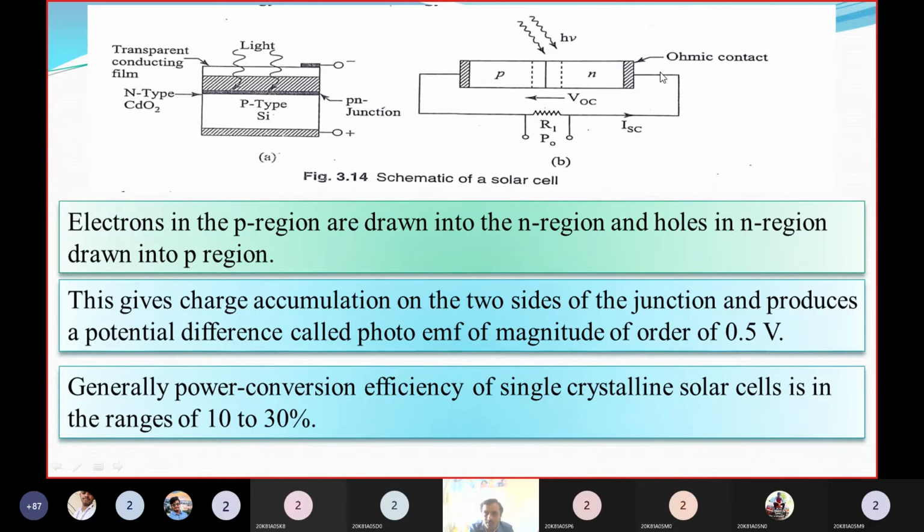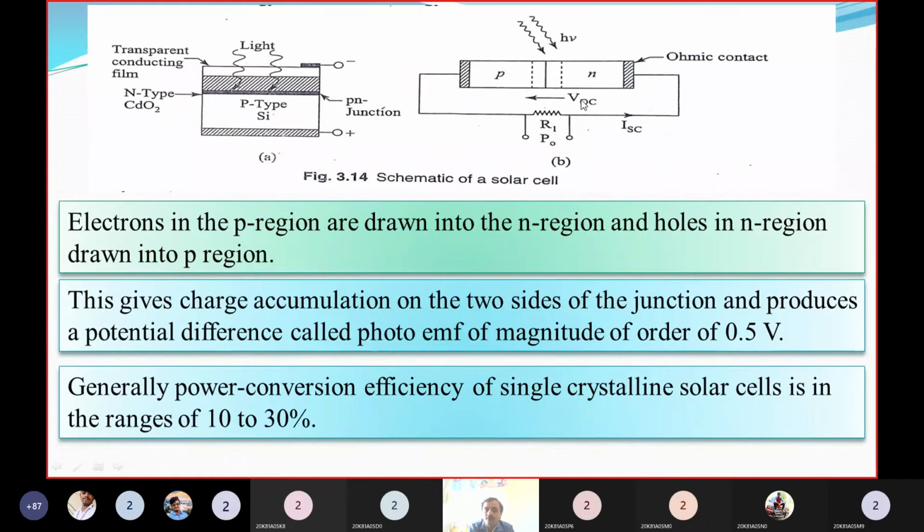By using a voltmeter, first of all we remove the total connection here, and we connect one terminal of the voltmeter here and the other terminal here. If you measure the voltage, that is the maximum voltage drop across the PN junction diode.